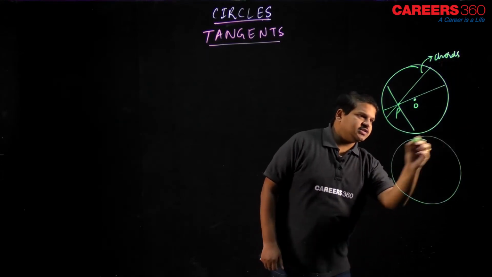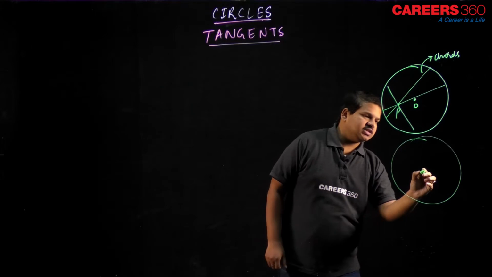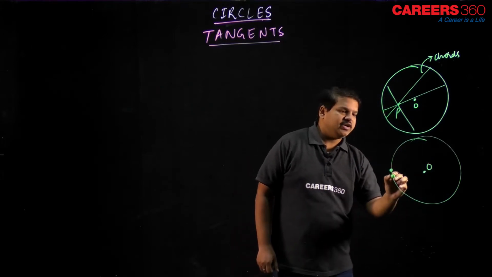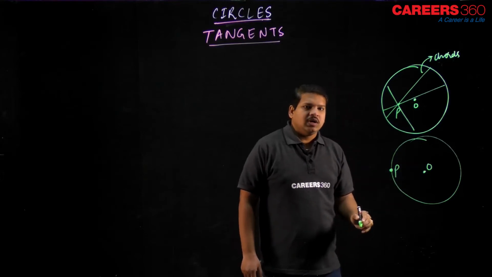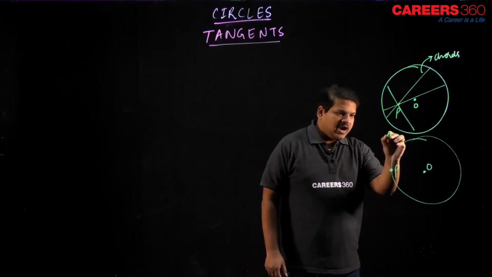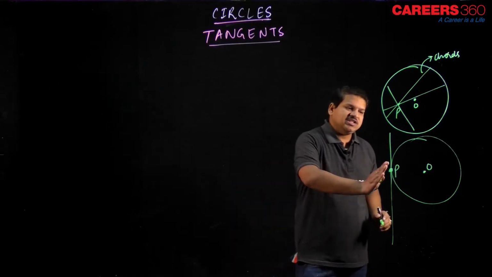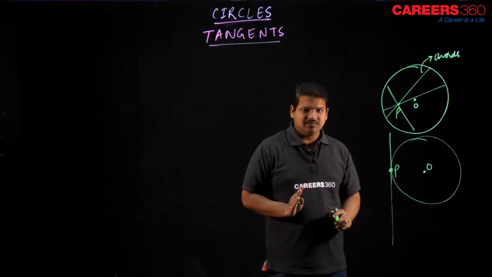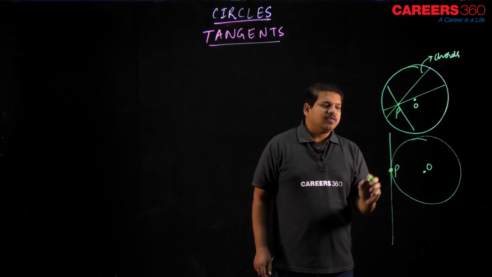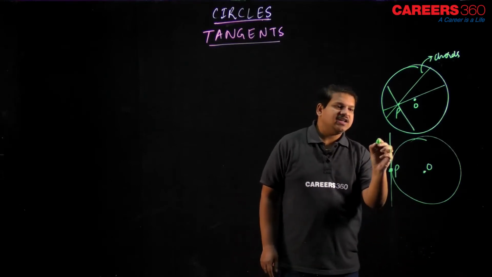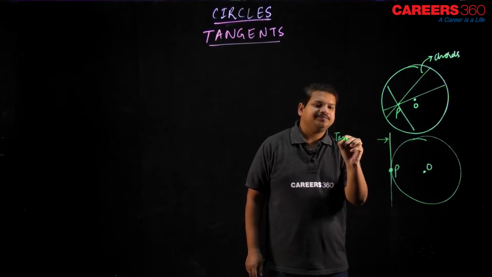But if this is my O, and this point P is on the circle, then at this point I can draw a line which is just touching the circle, and that line is a special line known as a tangent.